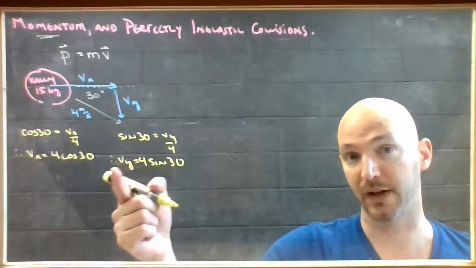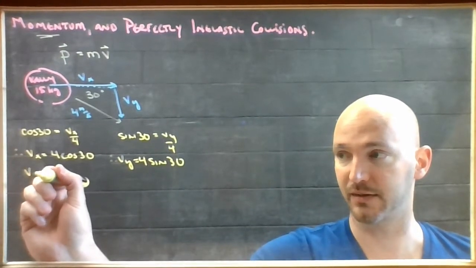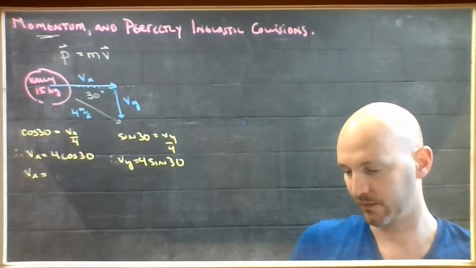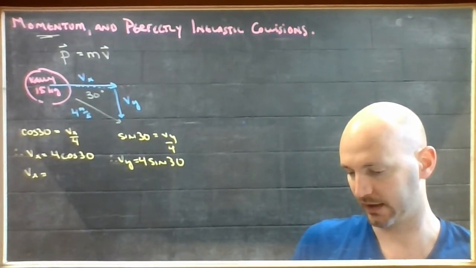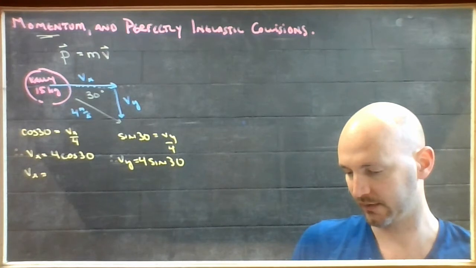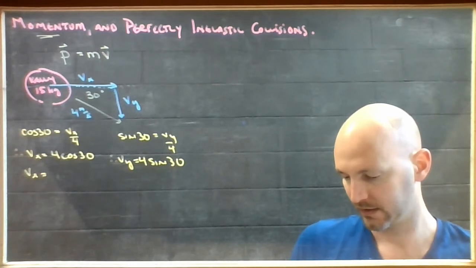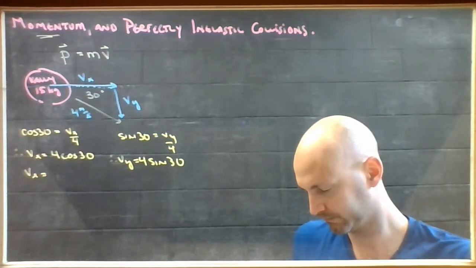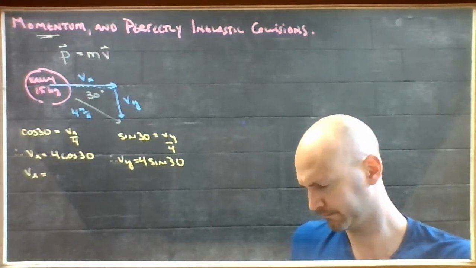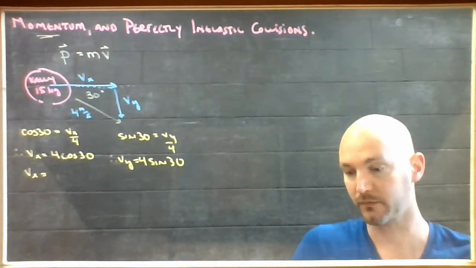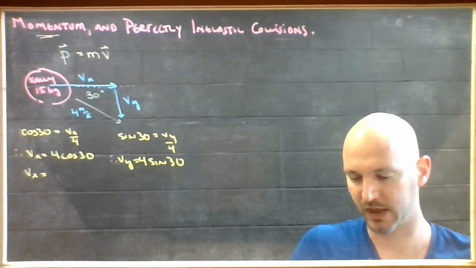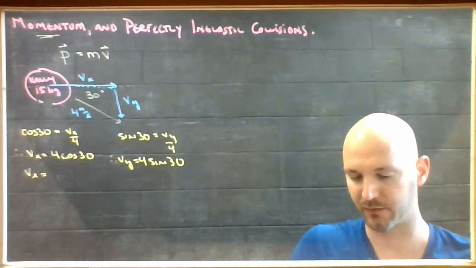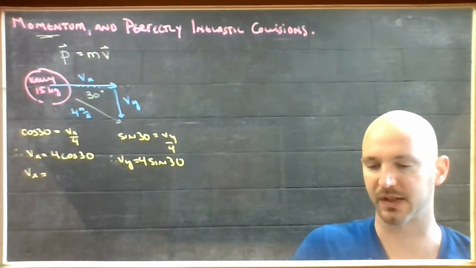I'm going to actually render these down as decimals, just because I can, and it will be a little bit less confusing. So, we've got to get this thing in degrees, which is annoying. So cosine of 30 is 0.8660 multiplied by 4 gives me 3.464.